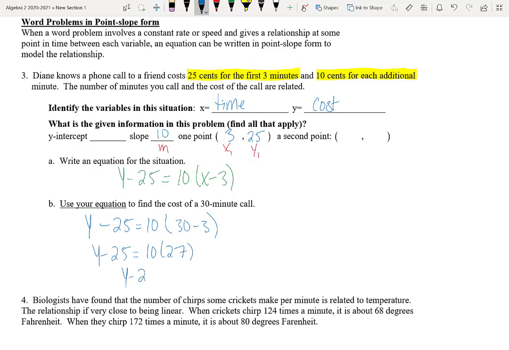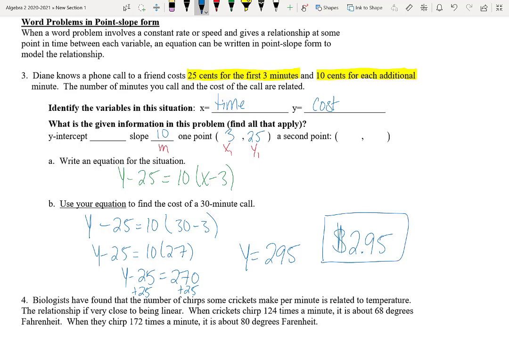So y minus 25 equals 270. So I add 25 on both sides, and we get 295 cents. So I would write that up as $2.95 for a half-hour phone call.